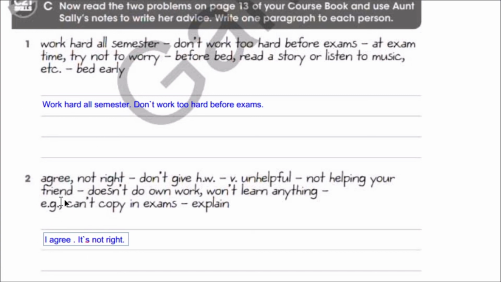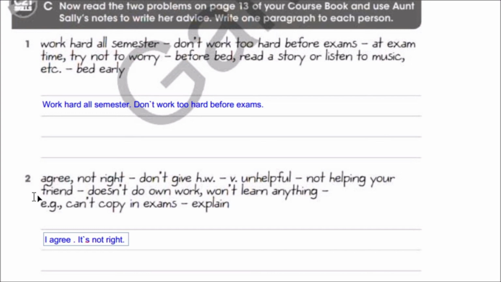In this one she said agree, so she didn't write I because she knows that she means herself. And here, not agree, not right. She missed the pronoun because in notes we don't have to use the punctuation, we don't have to use all of the pronouns. Sometimes we know what we're writing in the notes and we know that we're going to use it when we write a full paragraph. Anyways, very good. Now you can continue doing this on your own and then show it to the teacher.